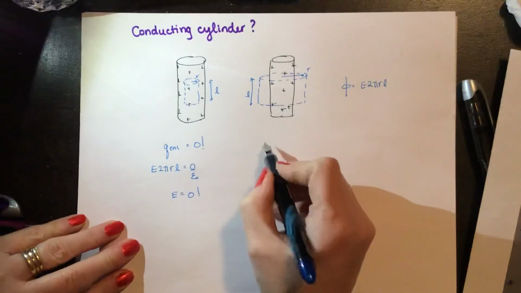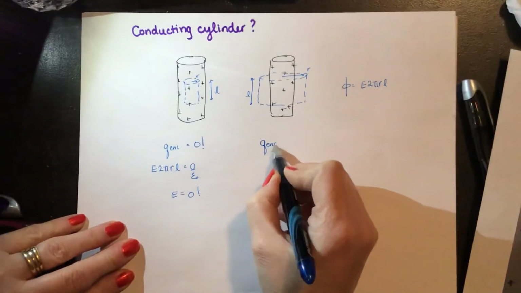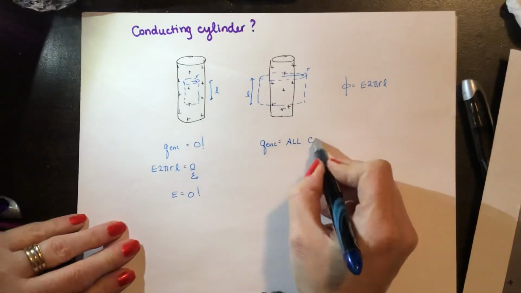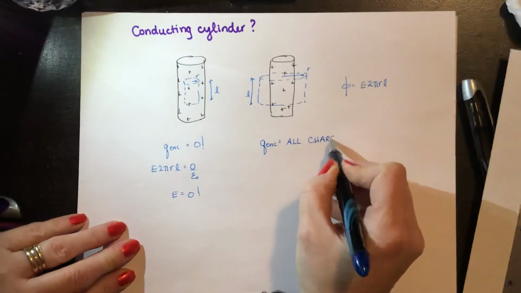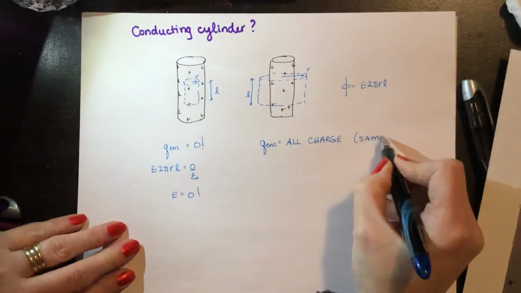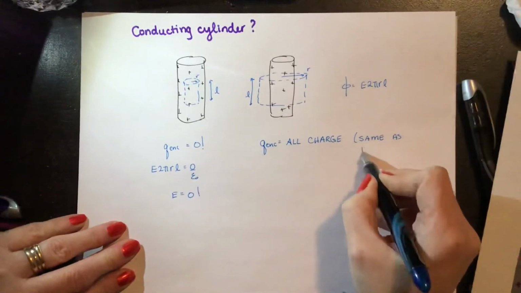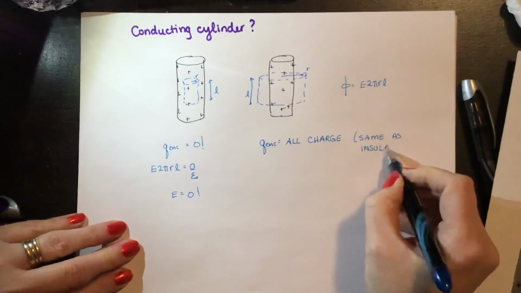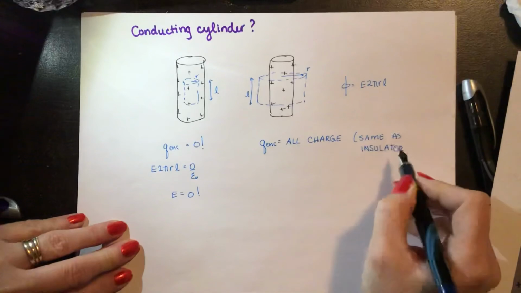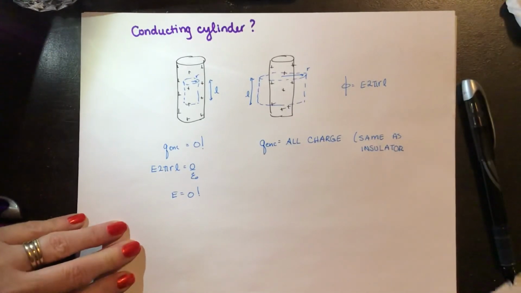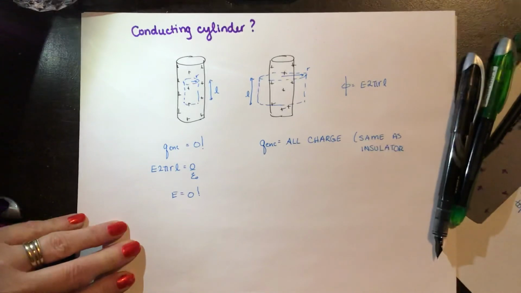When my Gaussian surface is outside, my Q enclosed equals all of the charge, same as what we had if it were on the insulator. Because I'm assuming I have exactly the same object, I've just made it out of a different material at this point. Same charge, same size, but now it's made out of a conducting material instead of an insulating material.